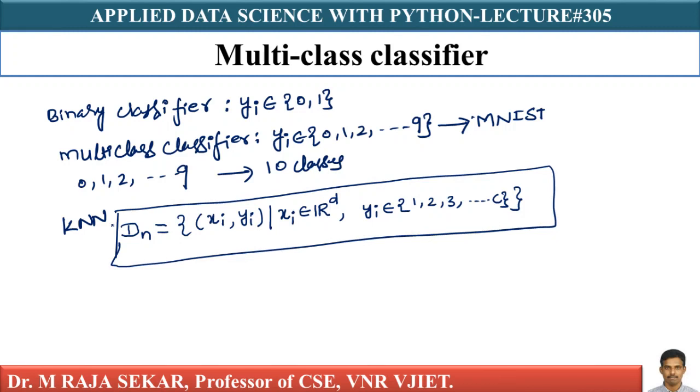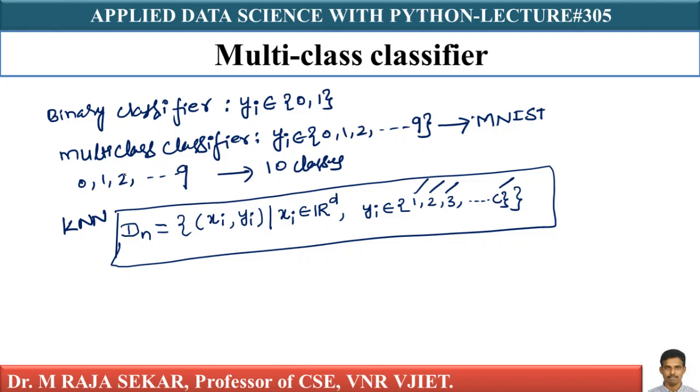If you notice here, I have C classes: first class, second class, third class. My yi can belong to any of these C classes. So this is called a C-class classification problem.